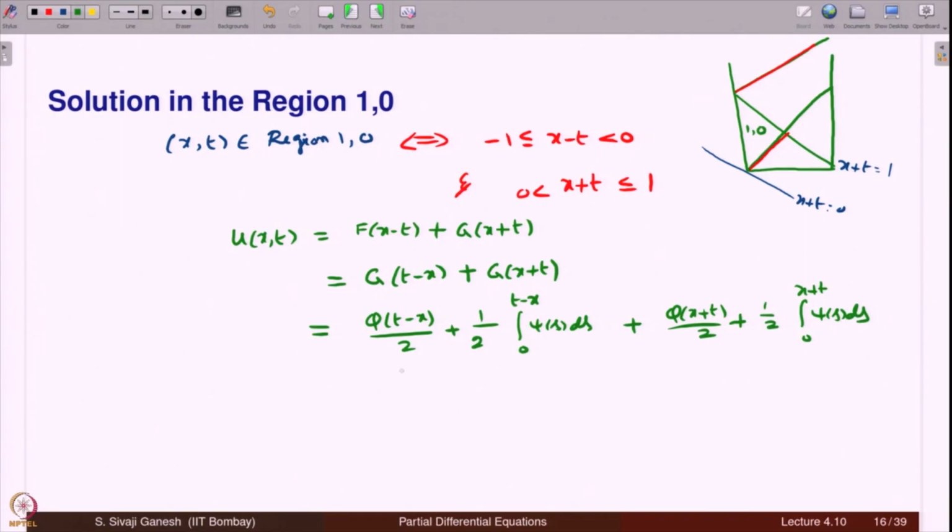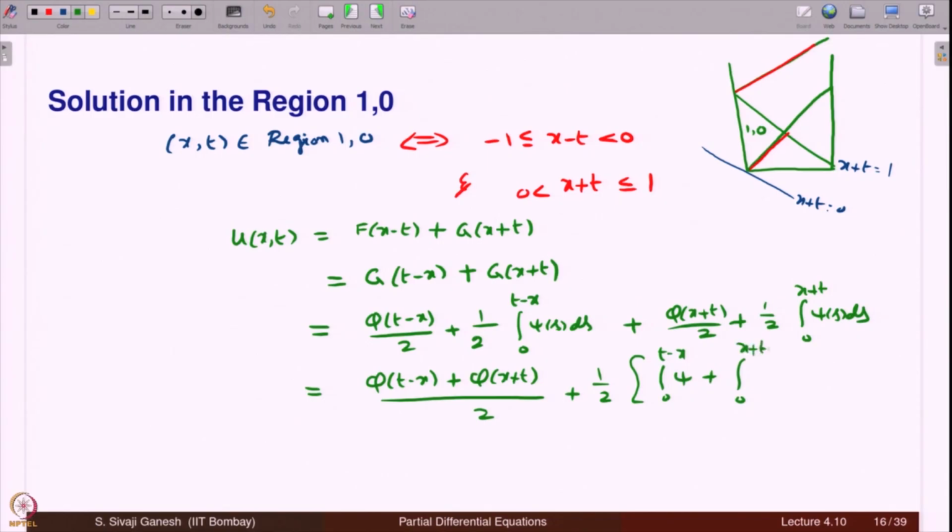Okay. Let us club the like terms. So, this is equal to phi of t minus x plus phi of x plus t by 2 plus 1 by 2 integral 0 to t minus x psi plus integral 0 to x plus t psi of s ds.